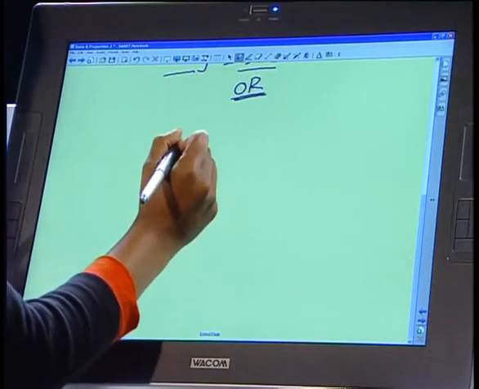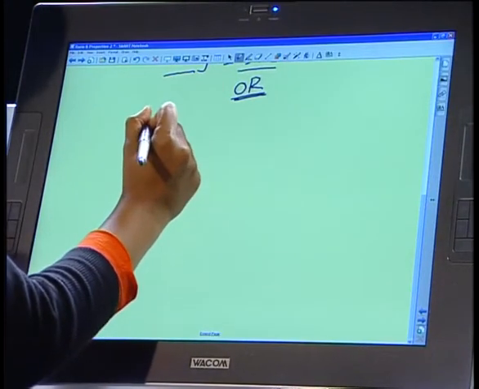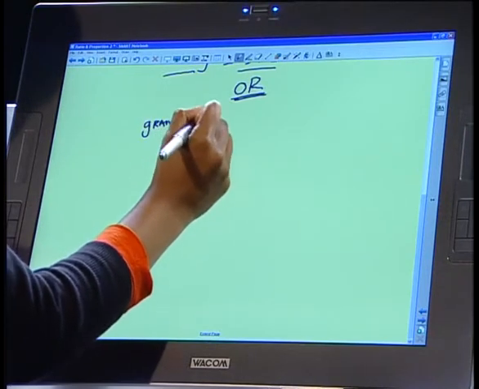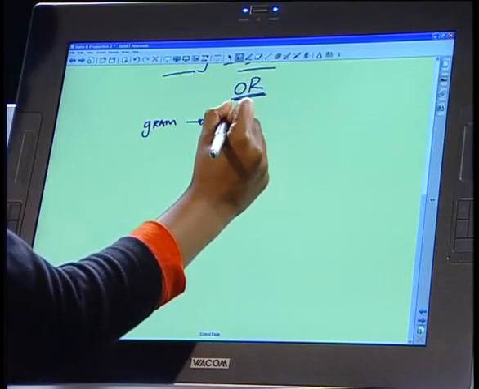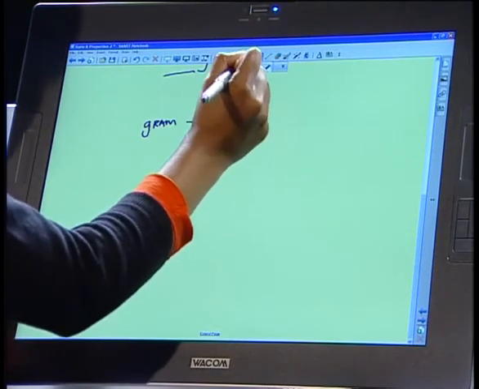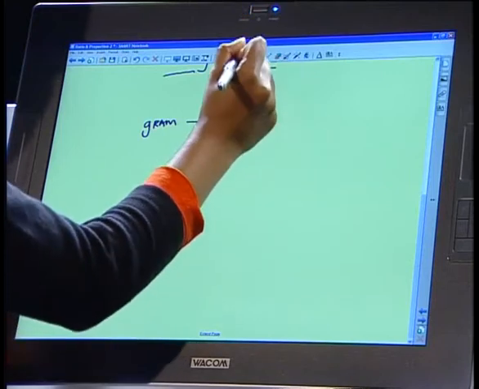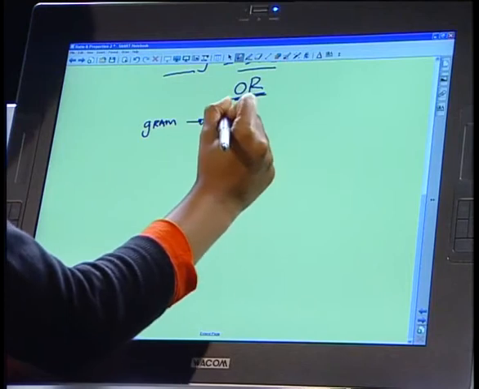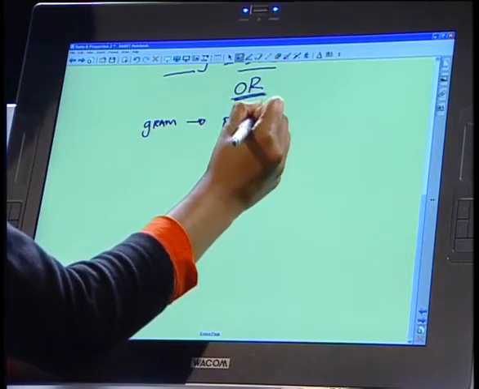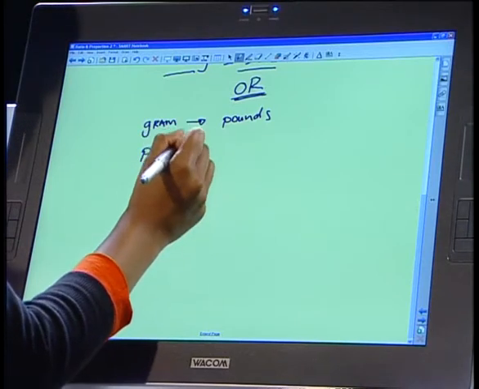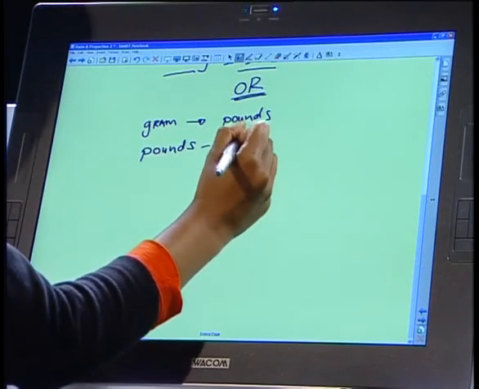So the other way to do it is first convert from grams to pounds, or let me write this in words so that you don't get too confused there. So the one way to do it was the way I've already shown you, or we can go from grams to pounds and then go from pounds to ounces.